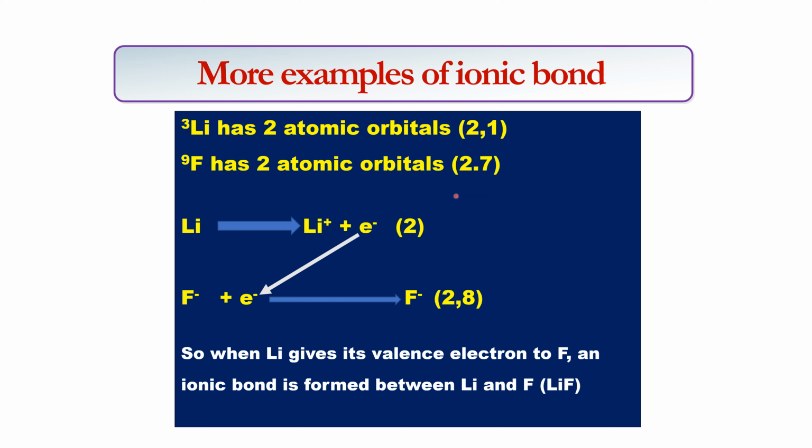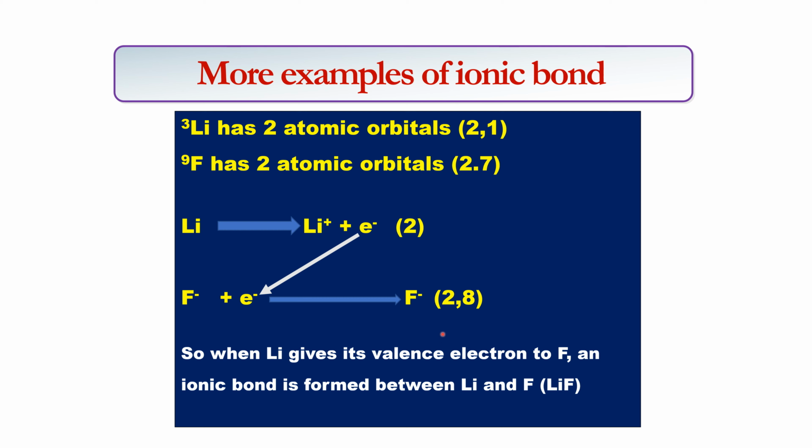So lithium will lose 1 electron because that's what will be easier for lithium to become stable. This 1 electron will then be gained by fluorine. When fluorine gains 1 electron, it becomes negatively charged. Remember, any atom that gains electrons will become negatively charged, and any atom that loses electrons will become positively charged.